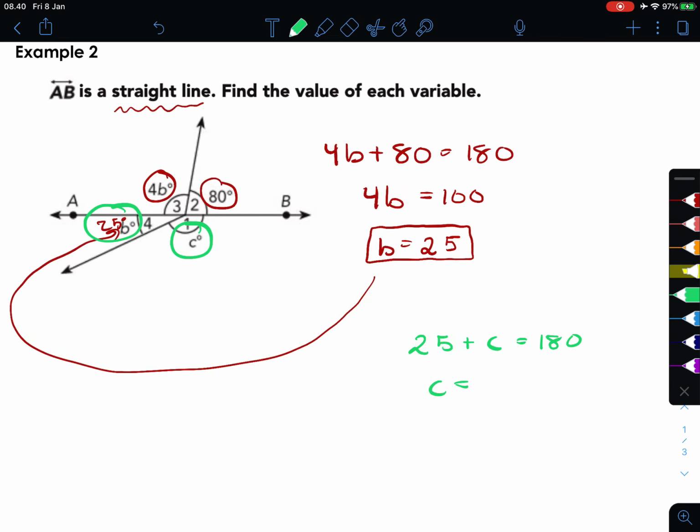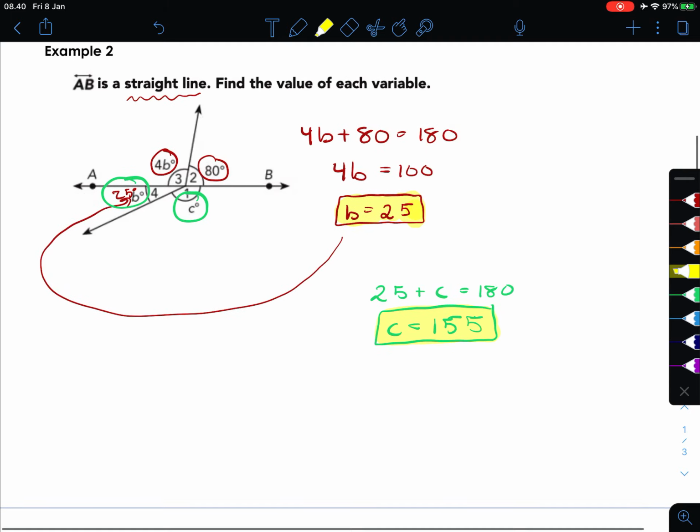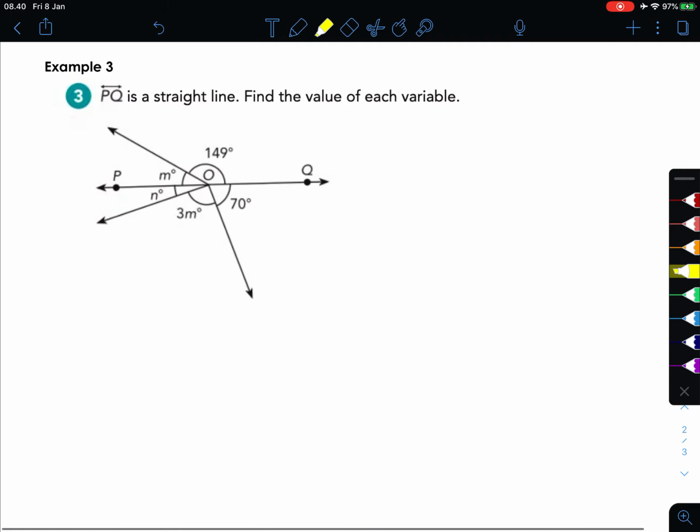All right, so that means C is equal to 155. So always be looking for those properties, the 90-degree angles, the 180-degree angles, to make your life a little bit easier. Let's do one more example here.